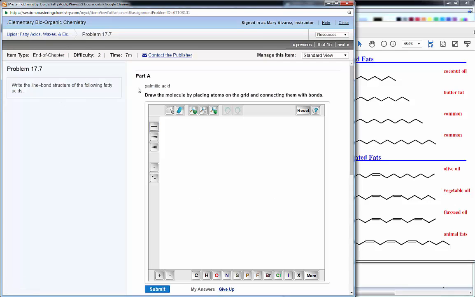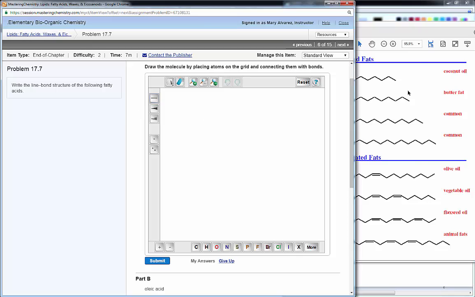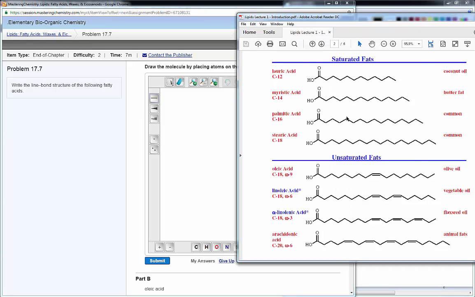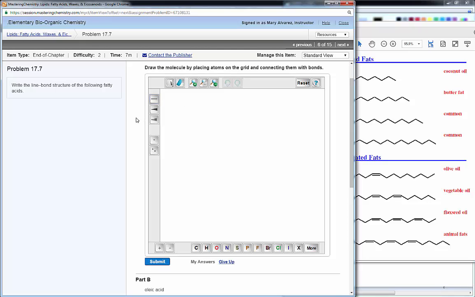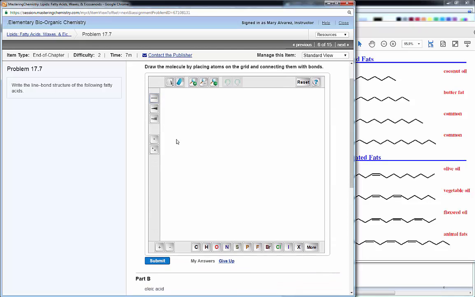Next, write the line bond structure for palmitic acid. Palmitic acid is a carbon-16 saturated fatty acid. So this is going to feel a little bit tedious. 1, 2, 3, 4, 5, 6, 7, 8, 9, 10, 11, 12, 13, 14, 15, 16.